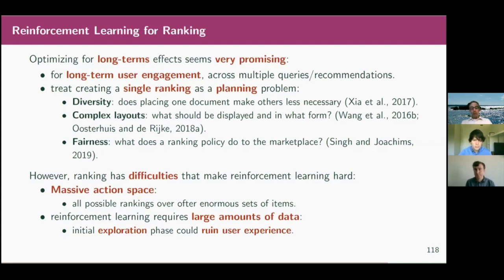Also, for effective reinforcement learning, what we would need is large amounts of data. And one way of collecting this would be to do a lot of exploration, to let the reinforcement learner do a lot of exploration, but this exploration may hurt the user experience. It might hurt them enough for the users to stay away.